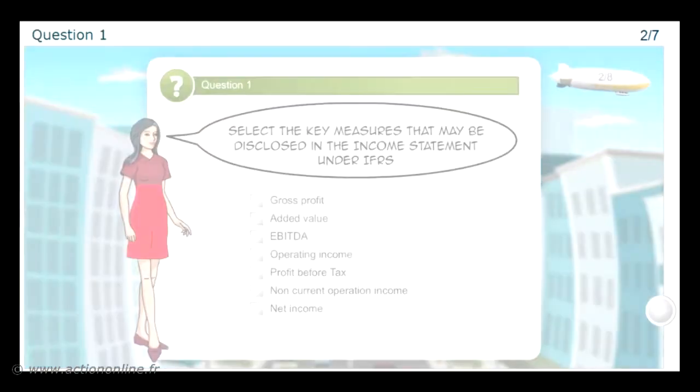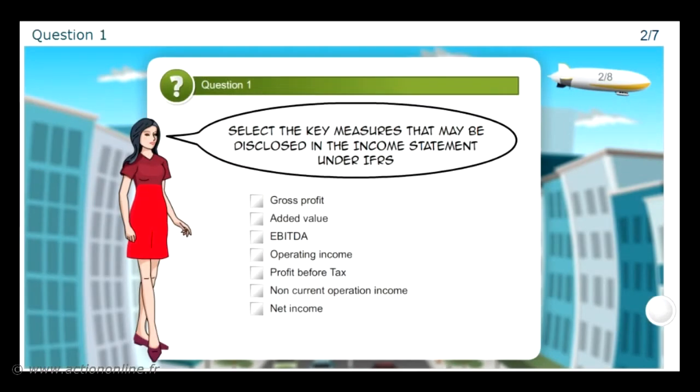Shall we? Among non-GAAP measures that may be disclosed in the income statement under IFRS, one can find, albeit optional, firms may also provide these measures in the IS and the notes of the reference document in order to communicate more efficiently the activity to the financial analysts and investors, who usually use them to evaluate the return on their investment.